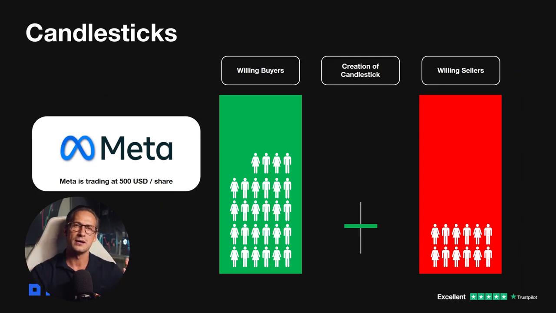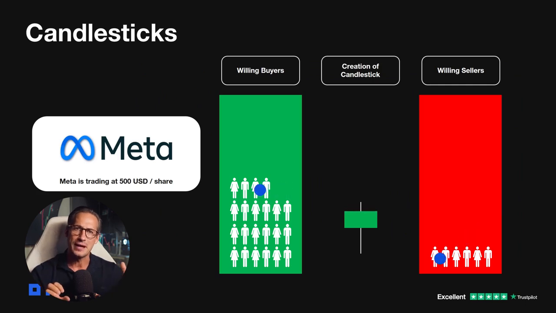A willing buyer is someone, whether a retail trader or any market participant, who wants to buy but hasn't yet been matched with a seller. Until this happens, their order remains open, waiting to become part of the filled transactions you see reflected in each candlestick. Makes sense so far?